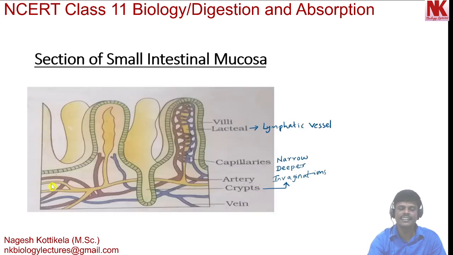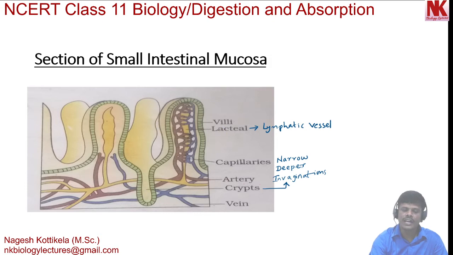You can see here in the diagram, this is a finger-like folding formed by the mucosa layer. This finger-like folding is called villus, and inside you can see here network of capillaries. Also large lymphatic vessel called lacteal. In the same manner, all the villi have network of capillaries and large lymphatic vessel called lacteal.